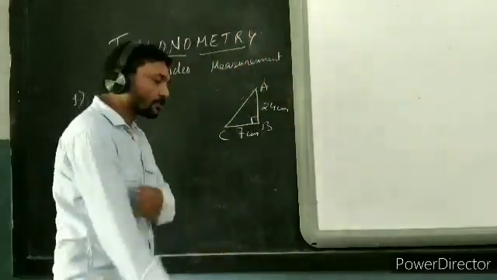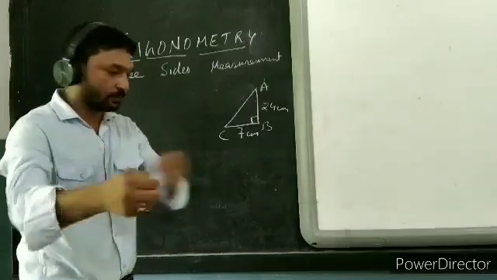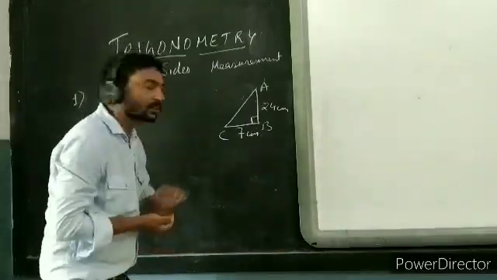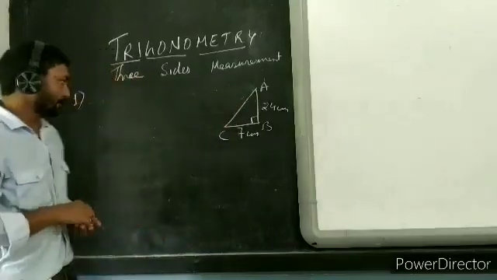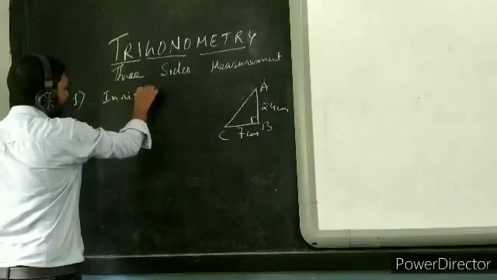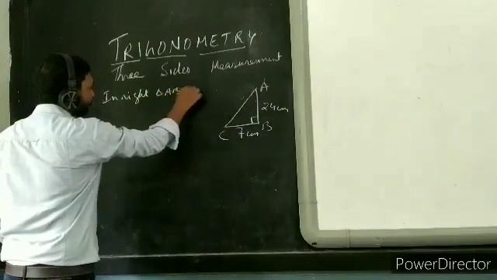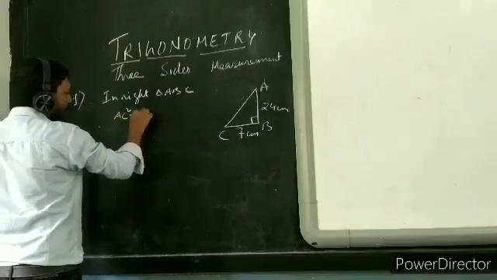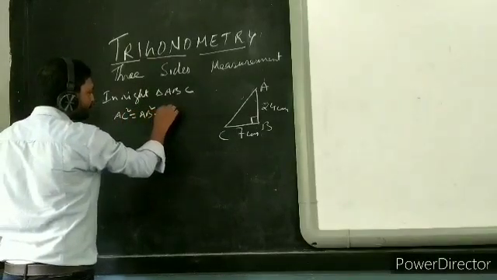First of all, whatever is given in the question, we should know the third side, that is AC. Now we can write like this: in right triangle ABC, AC square equal to AB square plus BC square.